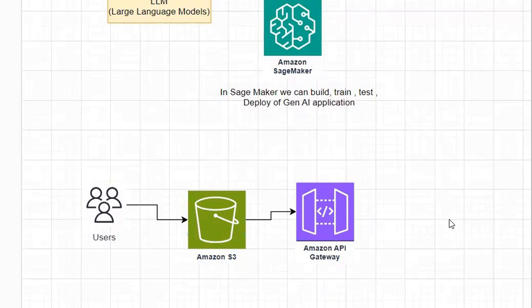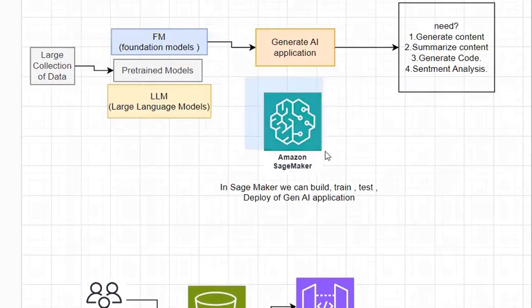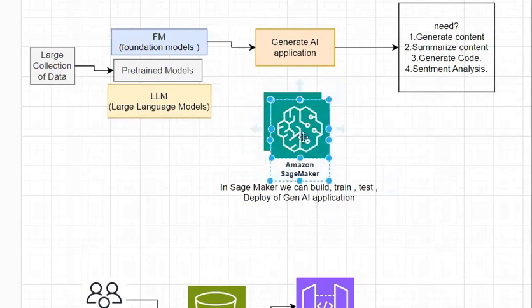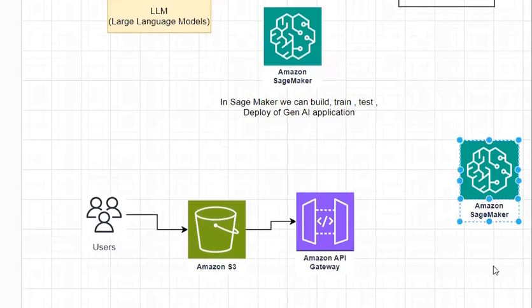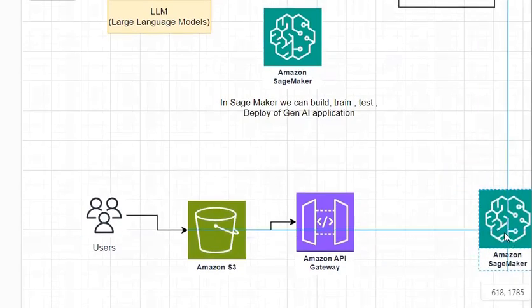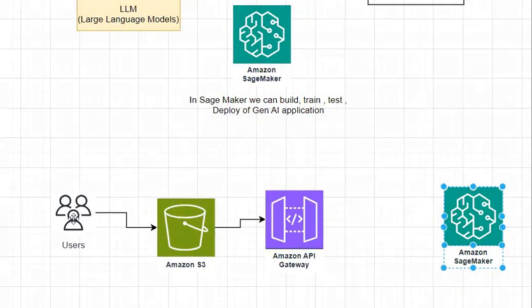Whenever that request is sent, SageMaker needs to get the question that the user provided, right? Yes. So how will SageMaker get the question the user provided? SageMaker will get it by using a Lambda function.